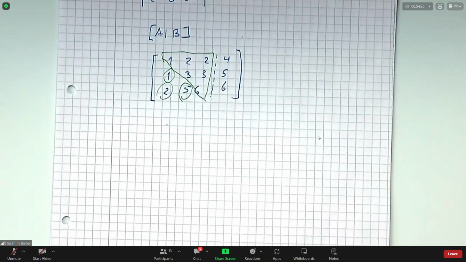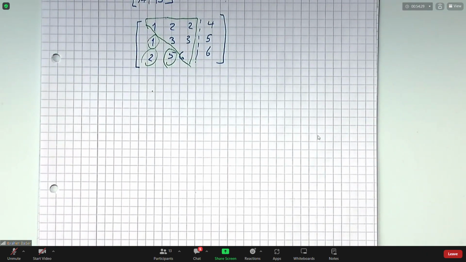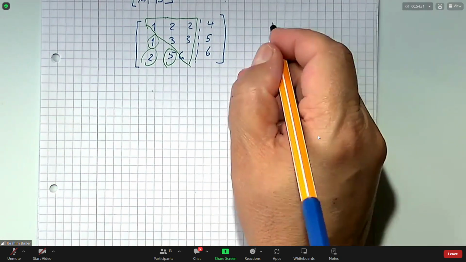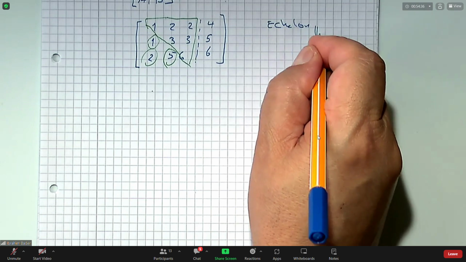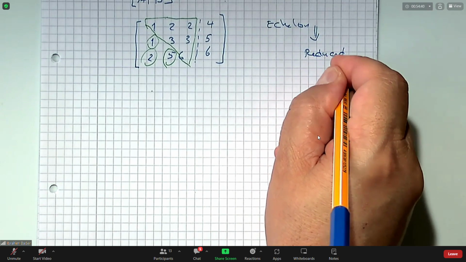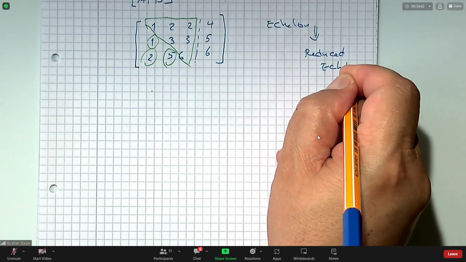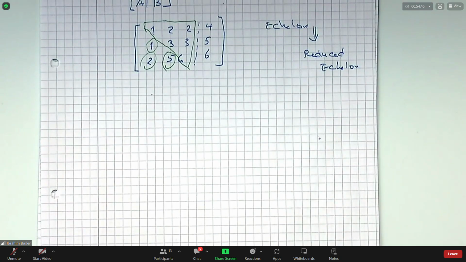Okay. Now here we will do it in 2 ways. We will reduce to echelon form, and then we reduce further to reduced echelon form, and show you what's the difference and how to get the values of the variables there.